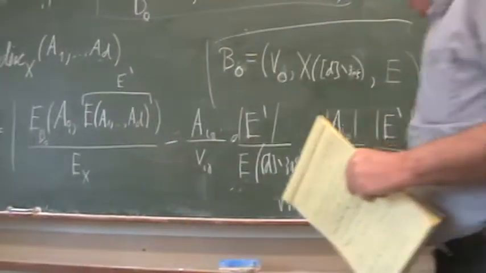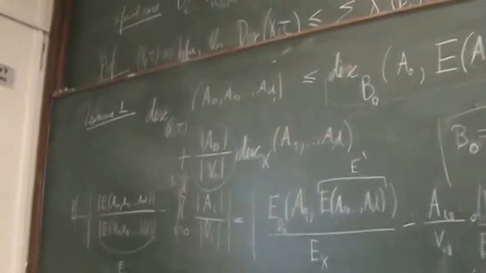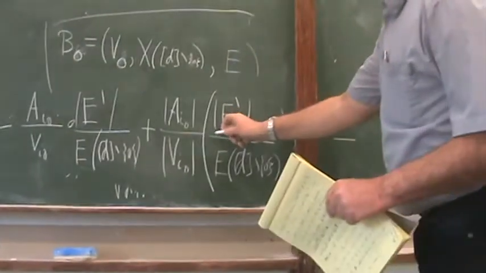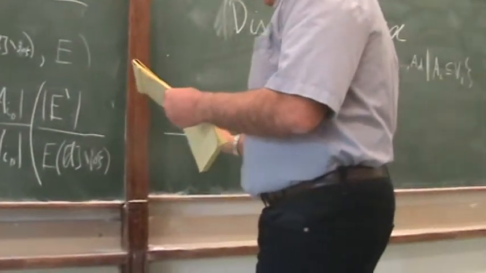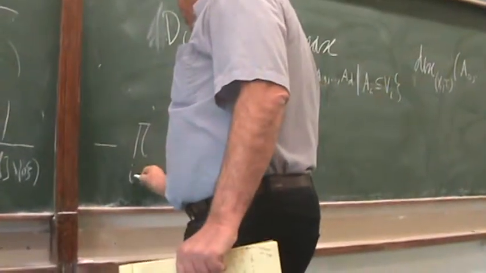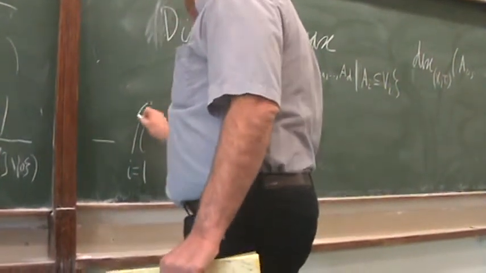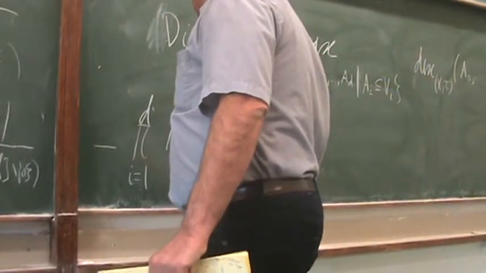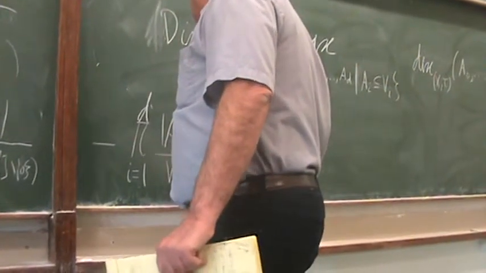Yeah, I do it like that. Plus this, in brackets here, minus the product, I goes from 1 up to D of AI divided by VI.